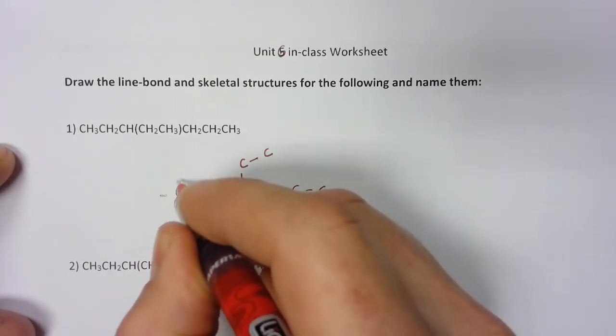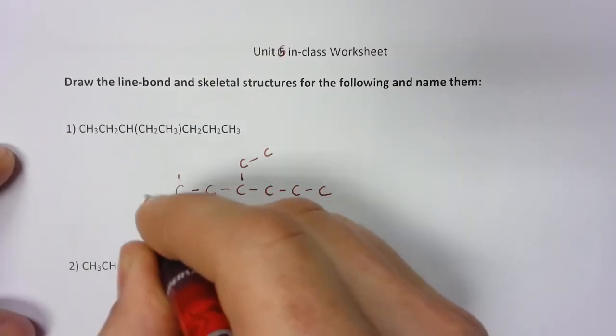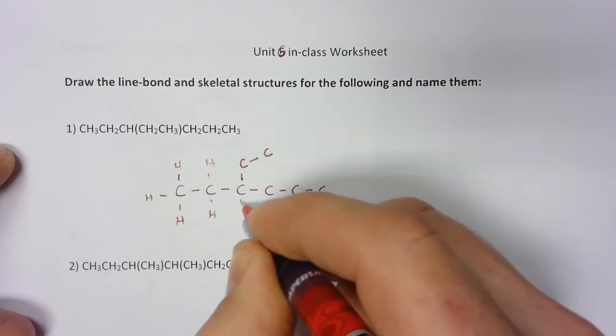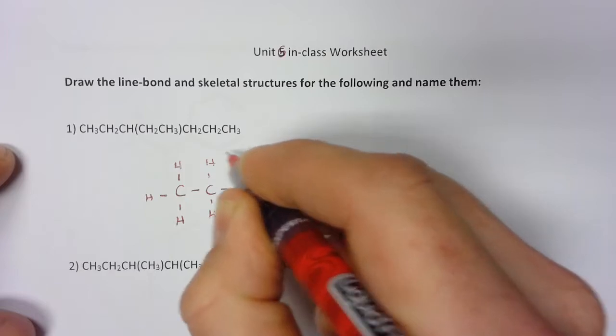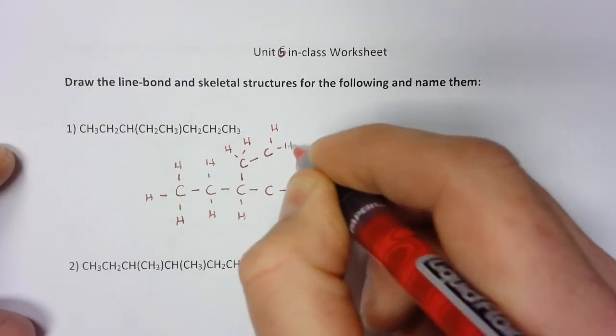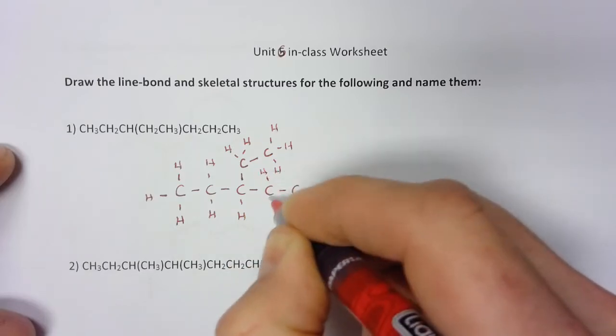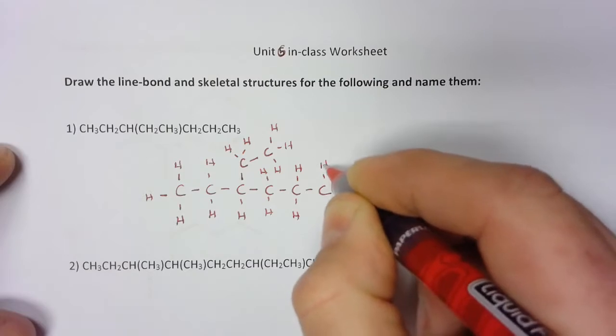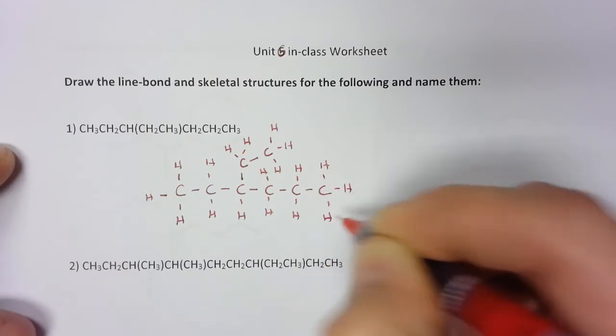Remember that each carbon wants 4 bonds. So I'm just going to go through and make sure that I fill in each carbon with 4 bonds. And it gets a little tight with some of these, the way that I've drawn them, but there we have it.